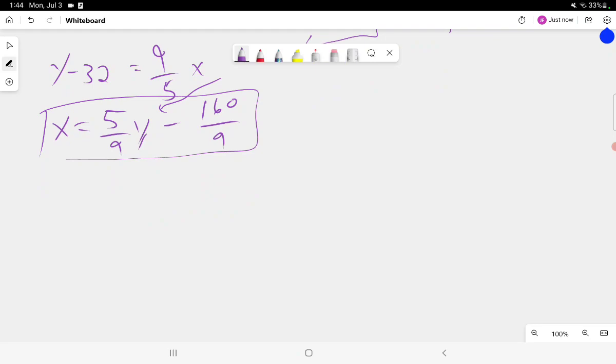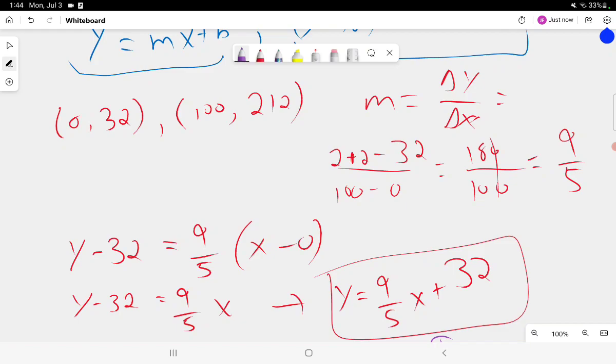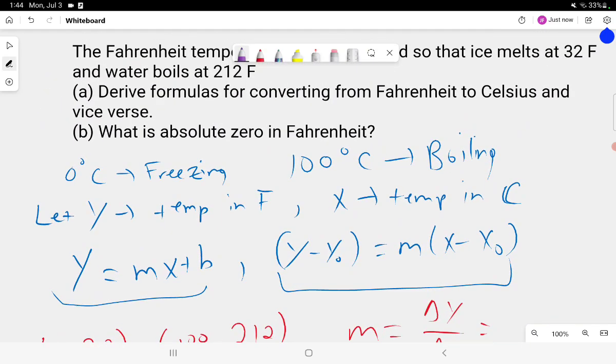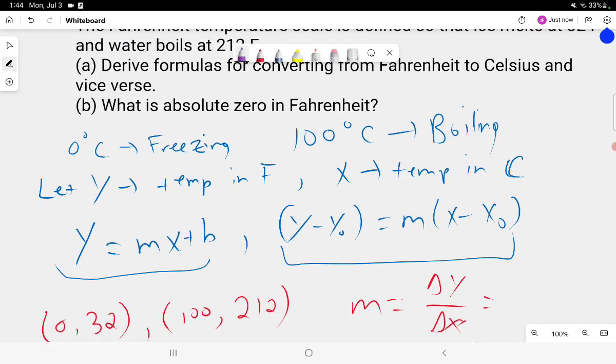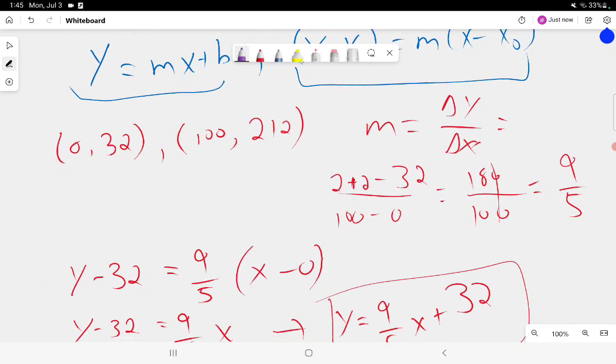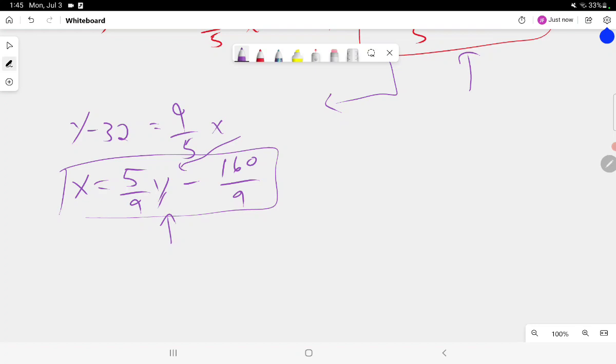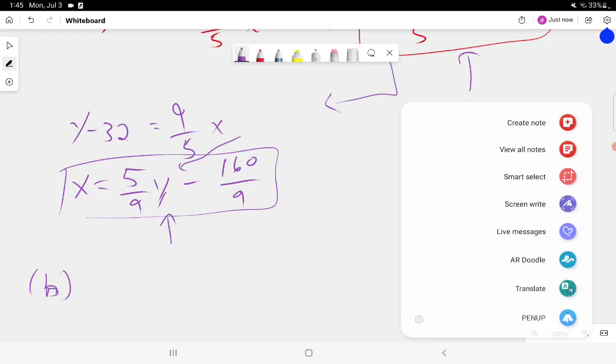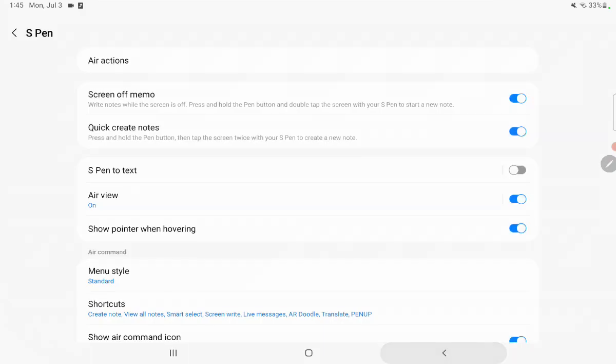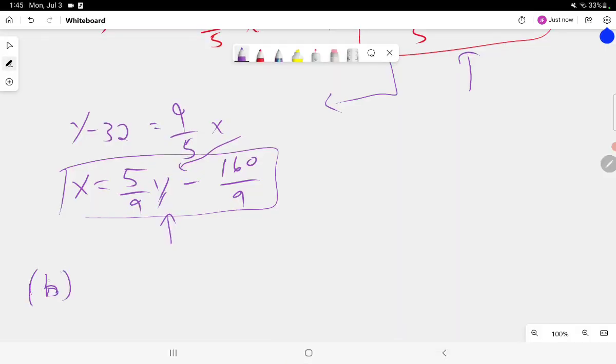Now we had a part B. Let's scroll back up just so we can see it again. So that was part A. Part B is, what is absolute zero in Fahrenheit? Well, now we have this handy-dandy equation. And this also is going to require some prior knowledge.